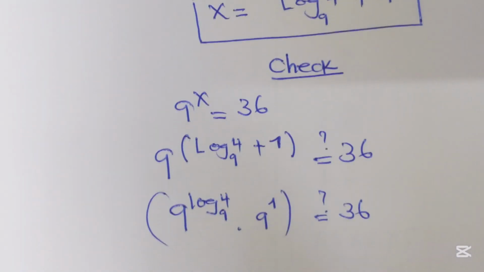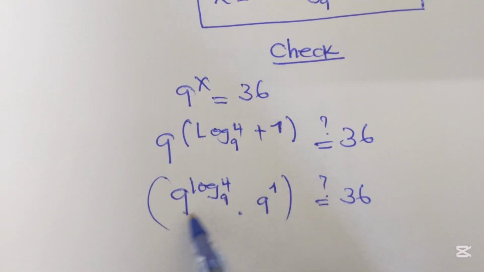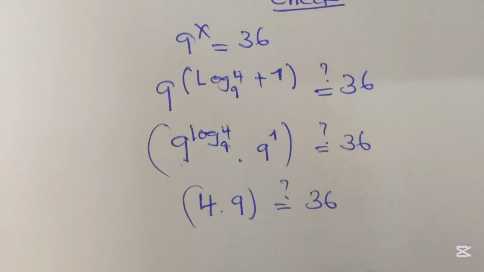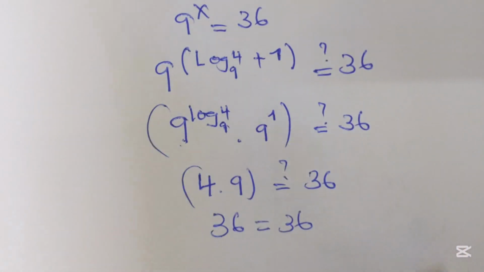Now we have same base, which means that we shall get 4 times 9, which is 36. Then 36 equals 36, so left hand side equals right hand side.